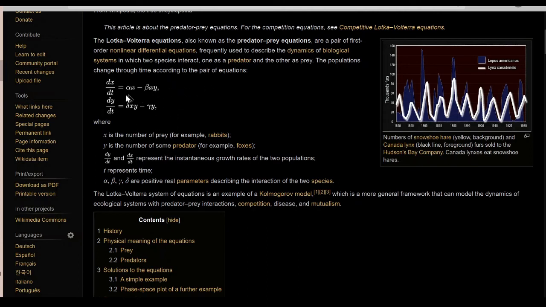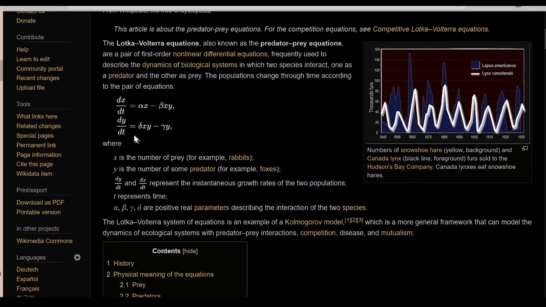Now, the rabbits are basically self-sustaining. They can eat grass and plant life or whatever, and so over time, left alone, their population will grow proportional to the number of rabbits that you already have. The more rabbits, the more rabbit babies, so the population grows faster. However, the rate of change of rabbit population is also affected by the number of predators, here called y.